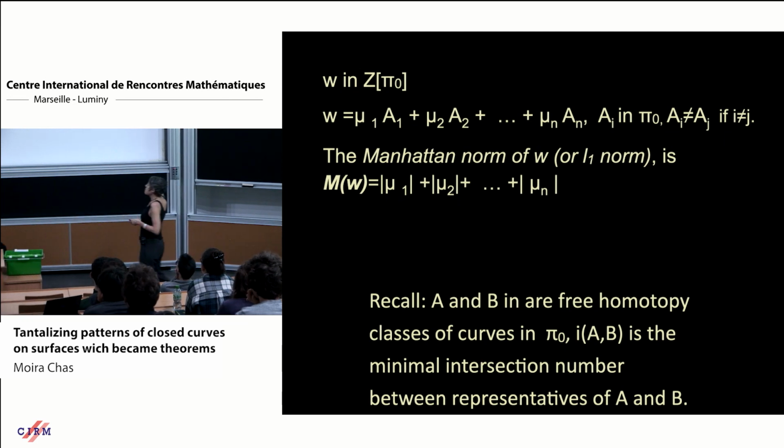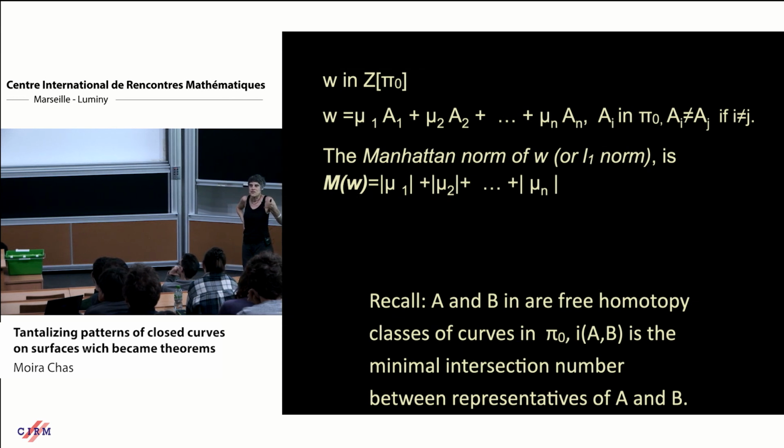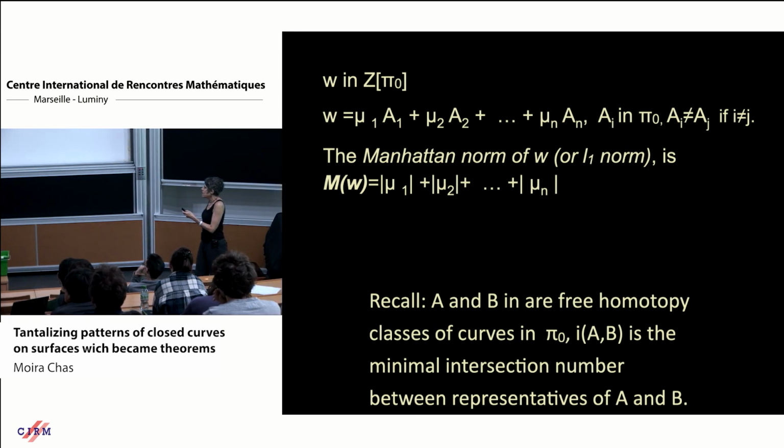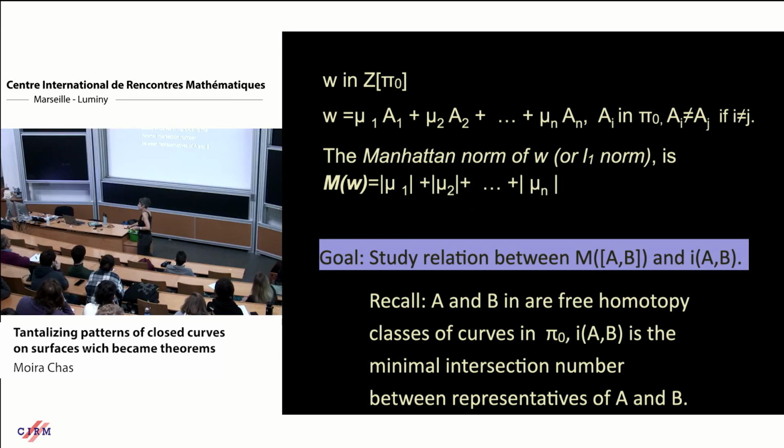So this is equivalent to the sum of the absolute values of the coefficients. This is the real count of how many terms. I want to study the relation between these two numbers, the number of terms and the intersection number. Anybody want to risk a guess how they relate?